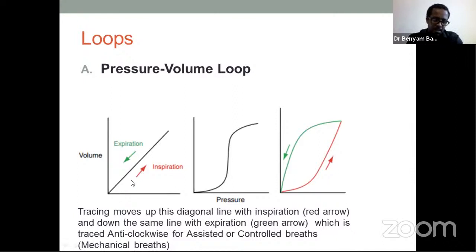It goes up like this, followed by expiration, which is better presented on the third graph. The red line will be the inspiration, and the green line will be the expiration. This is how it cycles anti-clockwise whenever the patient is getting an assisted, controlled, or mechanical breath, or the machine is delivering the breath and the patient is not spontaneously breathing.